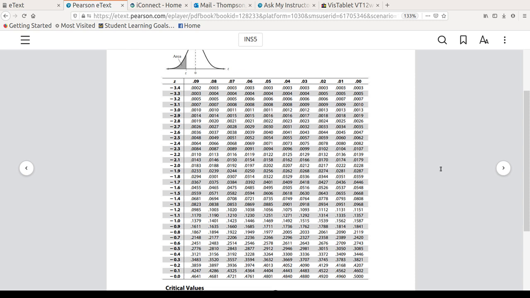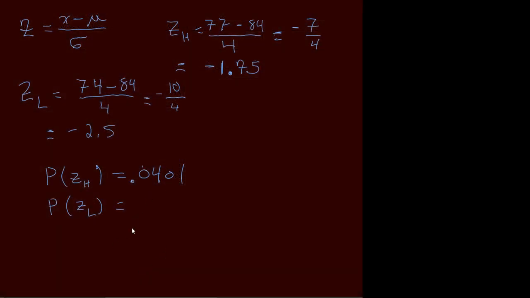Then I come to my low, which is negative 2.5, with a 0 in the thousandths place, and I follow that over to 0.0062. So I'll put both of these in here: we've got 0.0401 and 0.0062.